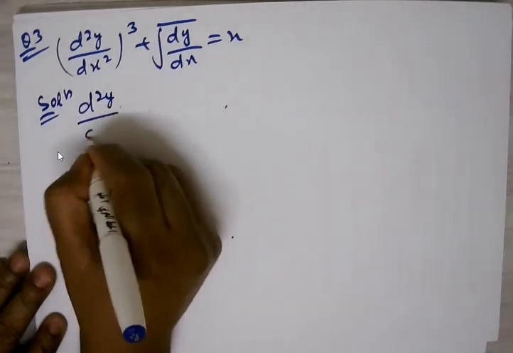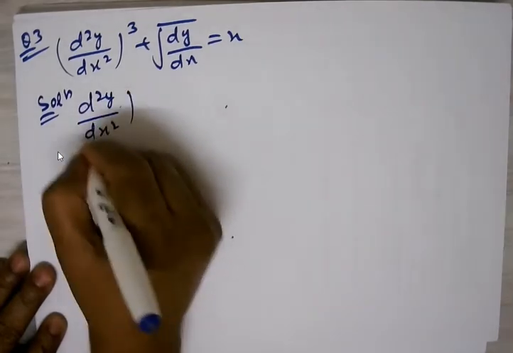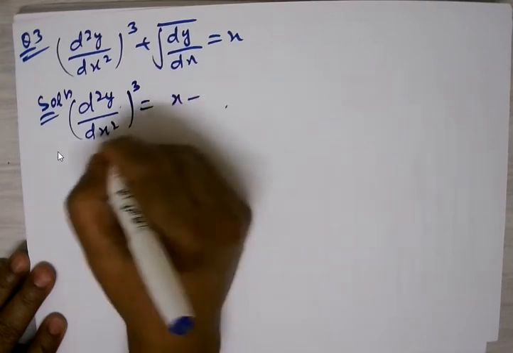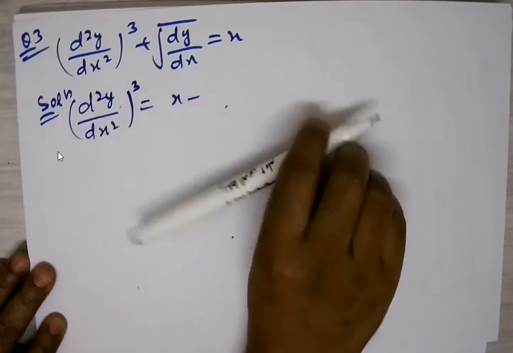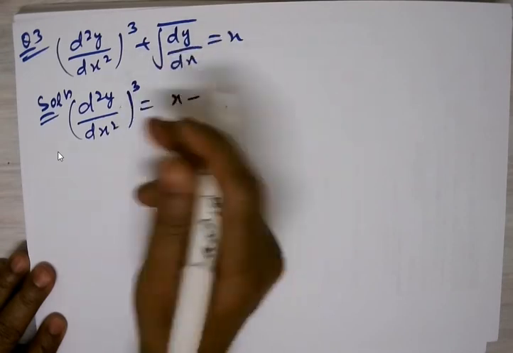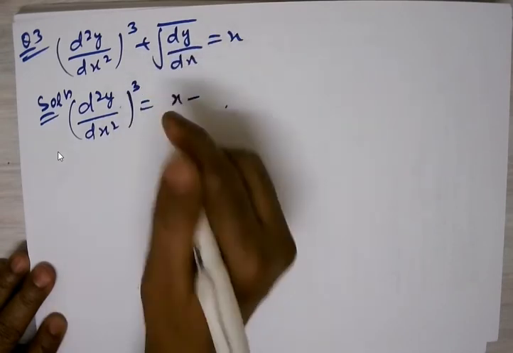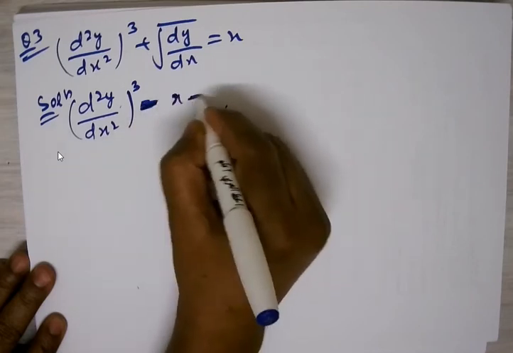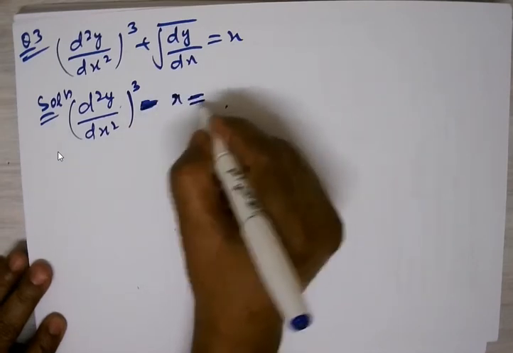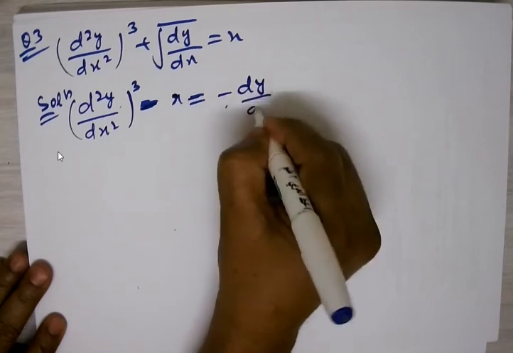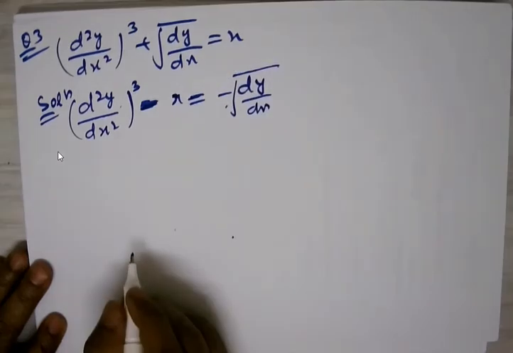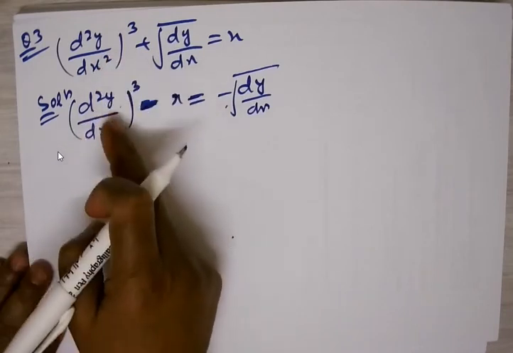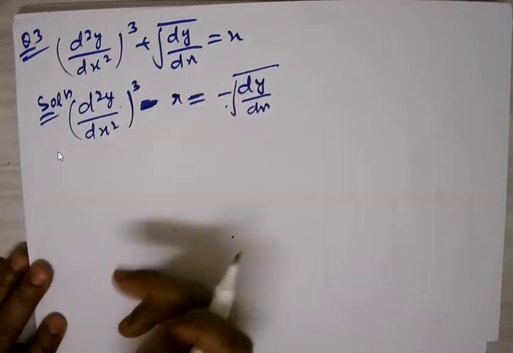We can write d2y/dx2 to the power 3 equal to x minus dy/dx square root. I replace this one by this and this one.